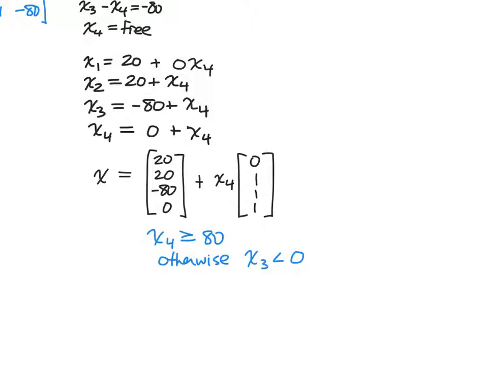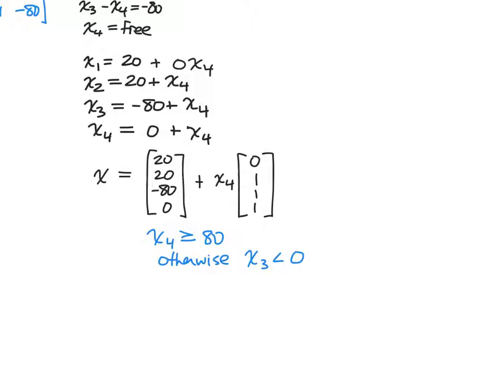In order for that to happen, x4 has to be 80 or more, right? If not, it would produce a negative value here, and so the net flow within that node would show a negative value.